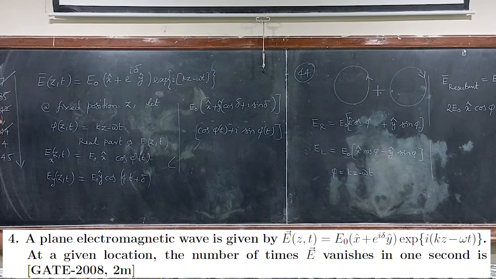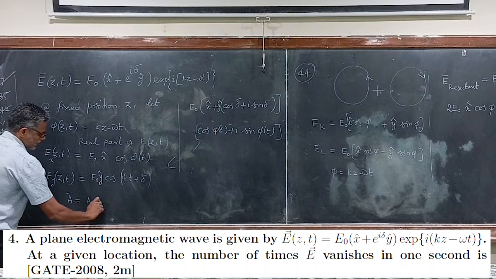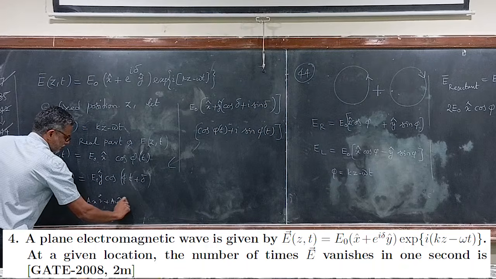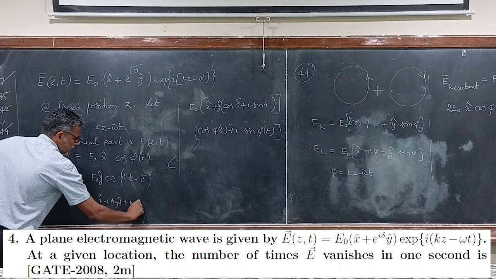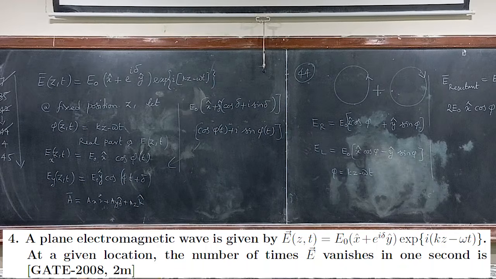Now these two are the Ex component and Ey component. Now your electric field must vanish. If you say a vector A is made up of, let's say, Ax i cap plus Ay y cap and Az along k cap, the moment I say A is 0, what will happen? The individual components must also become 0, isn't it?